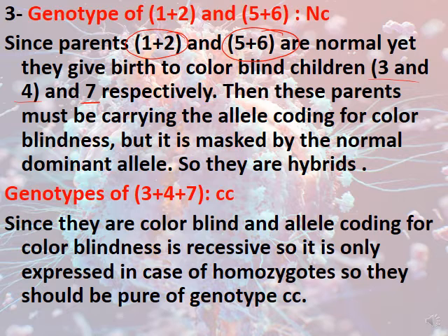So it's recessive with respect to the normal dominant allele. So they should be hybrid, heterozygous. However, 3, 4, and 7 are color blinded. So they are homozygous, having genotype CC. So it should be expressed only in the case of homozygous.